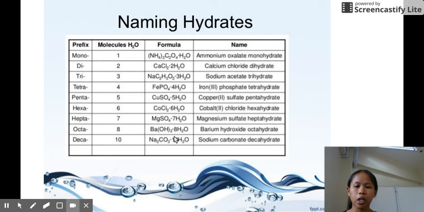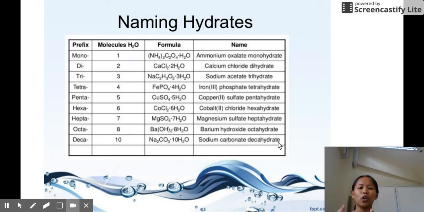When you crisscross it, you need to put parentheses, Ba(OH)2, dot 8H2O, so you name it barium hydroxide octahydrate. Next is Na2CO3, so that's sodium and carbonate. You crisscross the charges. Na is group 1A, so that's 1 plus. CO3's charge is 2 minus. When you crisscross it, this is the resulting chemical formula, Na2CO3·10H2O. So the name is sodium carbonate decahydrate.